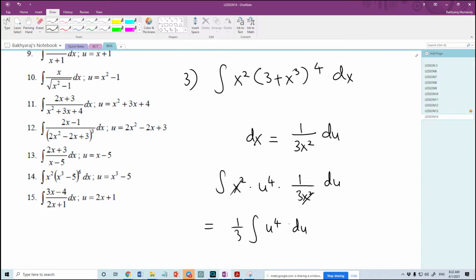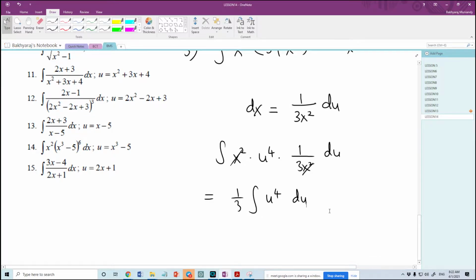Okay, so what is the answer? So the answer will be equal 1 over 3 as usual. Constant is just front, so no manipulation of fraction. Fraction is just there, and u power of 4 will be u power of 5 over 5 plus c.